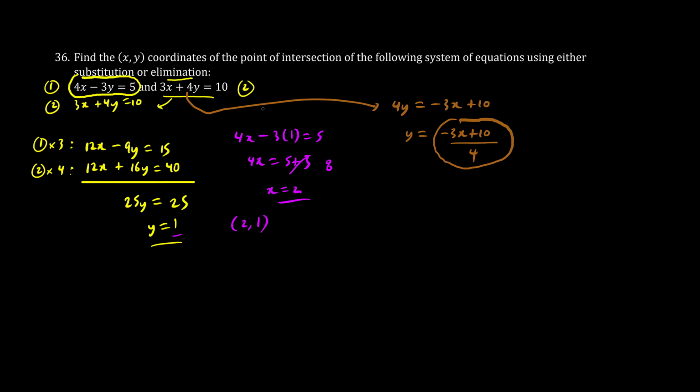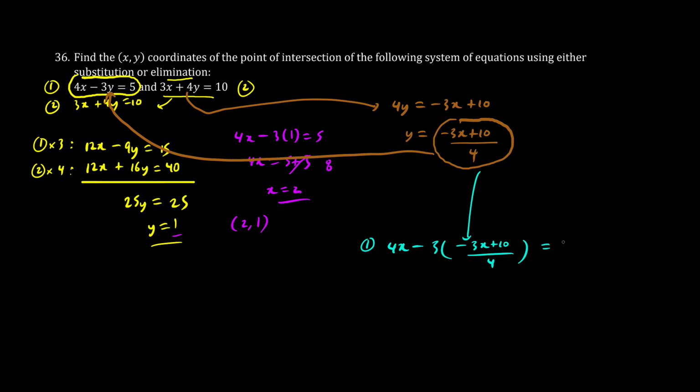And from equation 2, we're going to take this y and substitute it back into the other equation over here. So we know the y value goes here. So from equation number 1, 4x minus 3y, and y happens to be this value here, minus 3x plus 10, all divided by 4, equals 5.